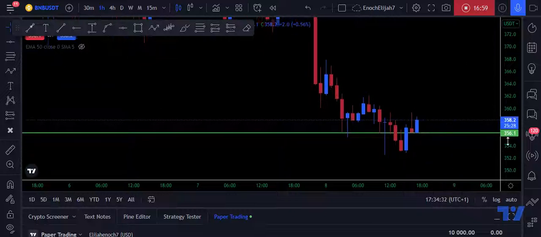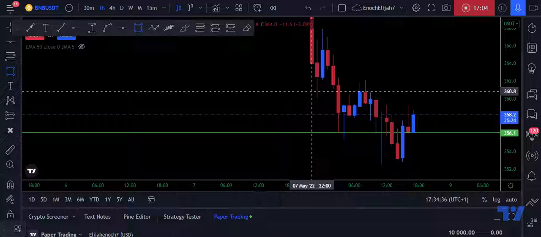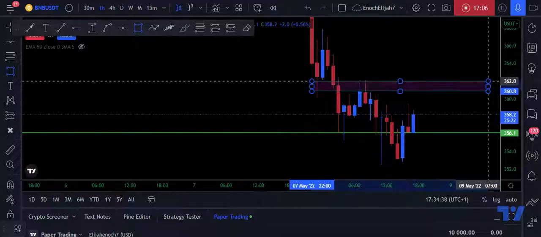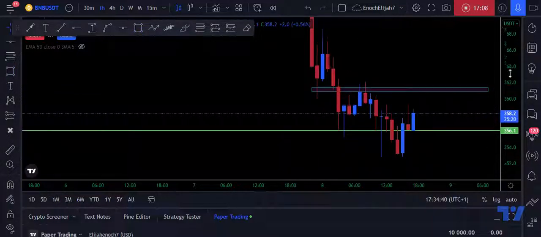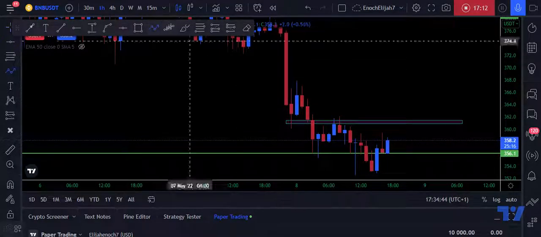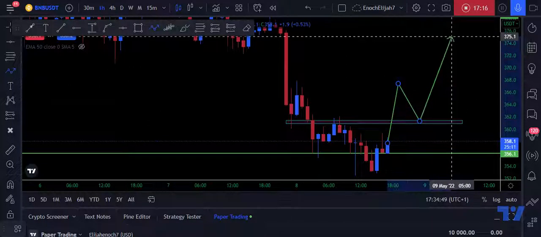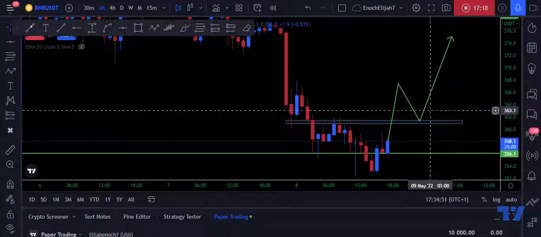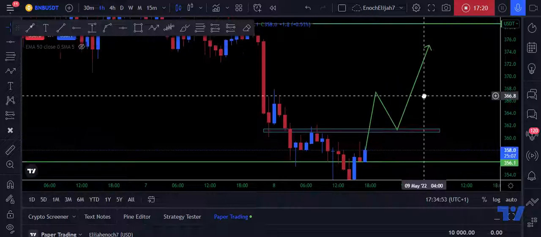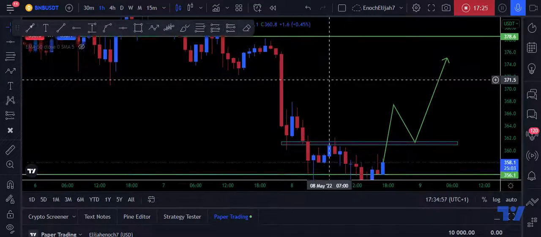But if I want to enter for day trading, I would like to see price break out of this zone, break out of here, and then come back to retest something like this. And I think this will be cool to enter, take a trade, buy to this zone. So that is very easy and very simple to do.